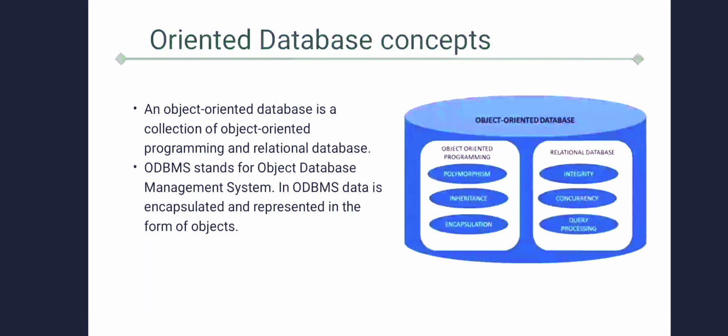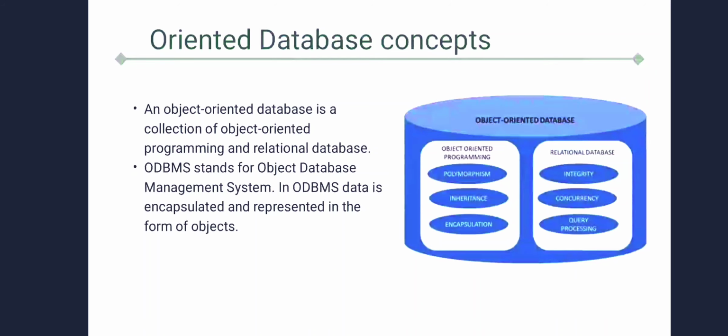Object-oriented programming consists of polymorphism, inheritance, encapsulation, abstraction, object, and class, but the relational database consists of integrity, concurrency, and query processing. These two types, object-oriented and relational database, are encapsulated into one single form known as object-oriented database management system.